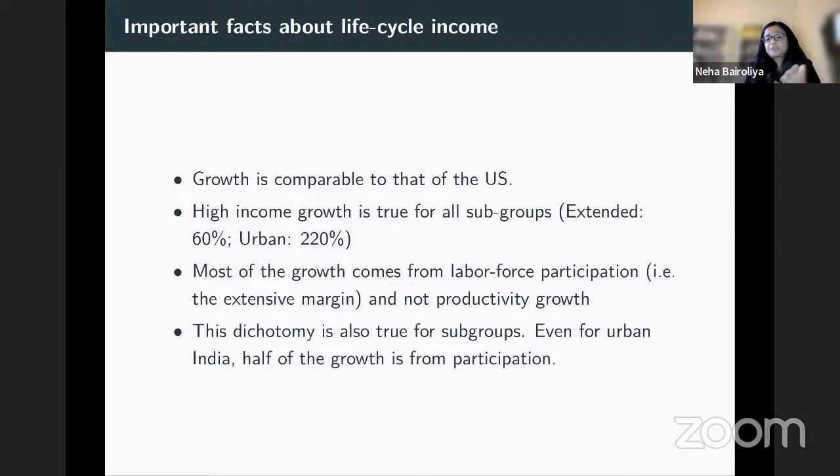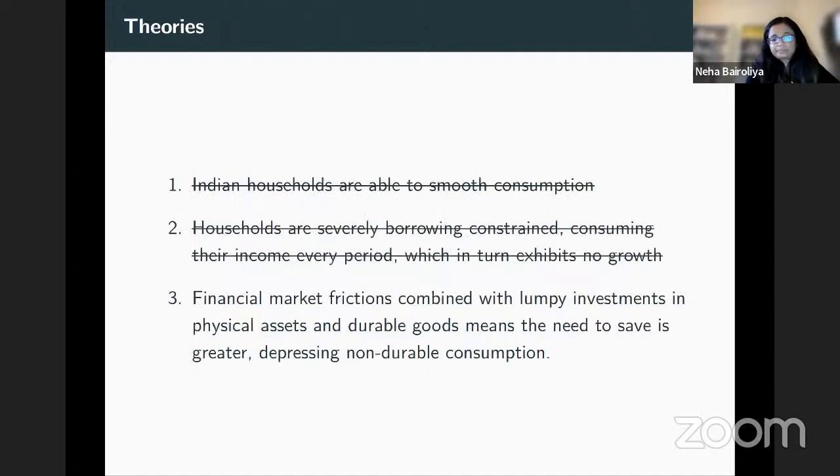As household members grow older, they join the workforce and there are more bodies working. Part of it is driven by productivity growth. How much of it is driven by productivity growth differs by subgroups. For example, if you look at urban India, it's roughly half and half. So clearly we can rule out the second hypothesis that these are households which are basically consuming their income and their income is not exhibiting any growth.